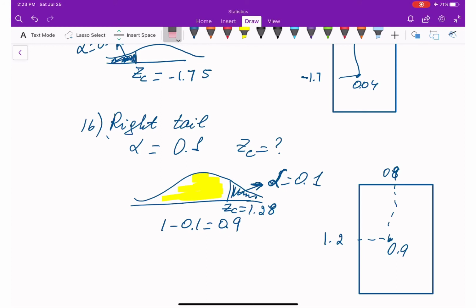so next step, we are going to find out if we are rejecting based on the z critical. We need to find out if we are in the rejection area or we are not. So how are we going to find out?